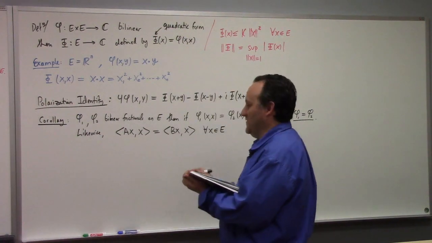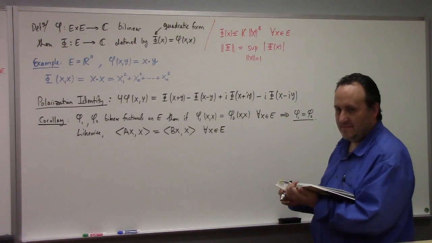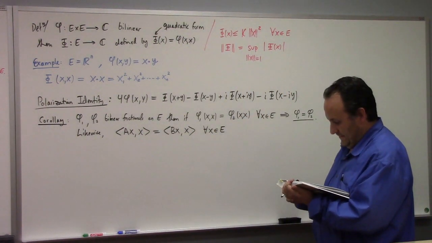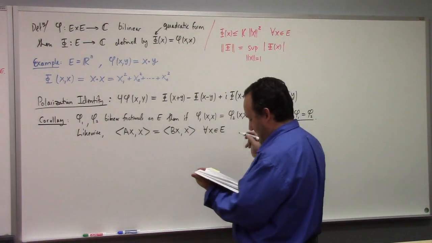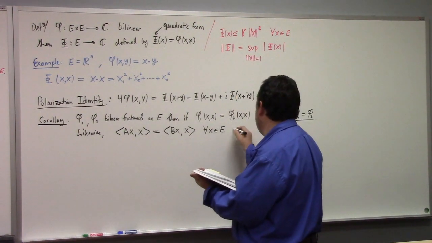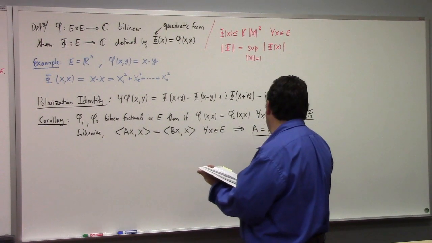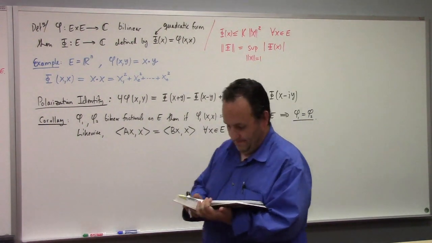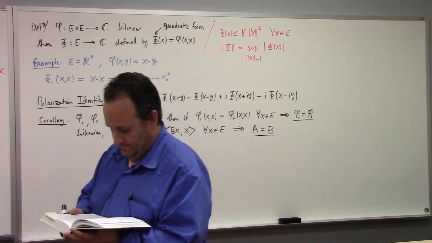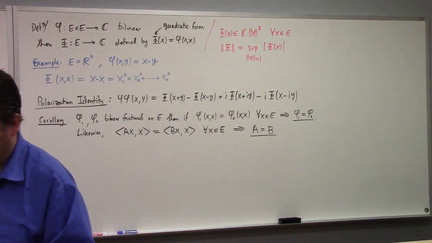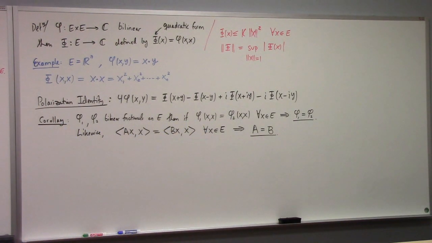If this is just true for a given x, it doesn't tell you much. Then that implies that the operator A is equal to the operator B. The proof is essentially by the polarization identity. Let's see if we can think through it. It shouldn't take us long.